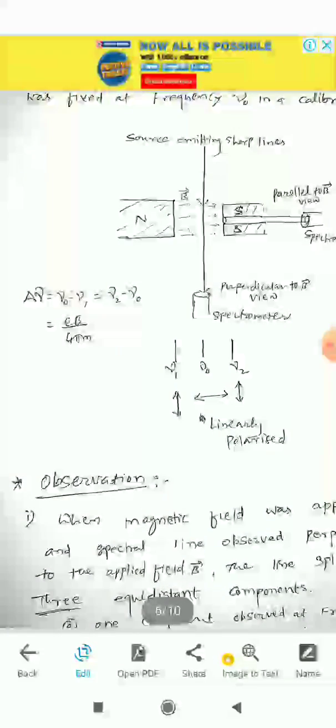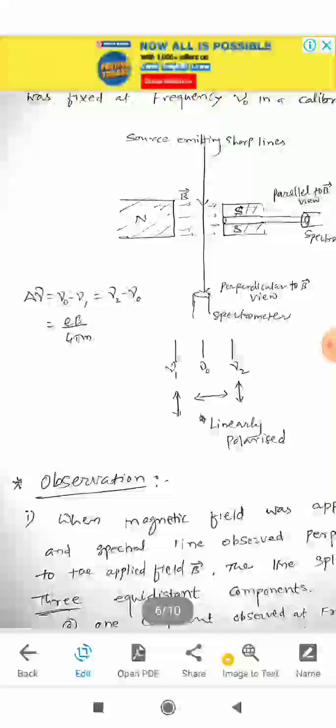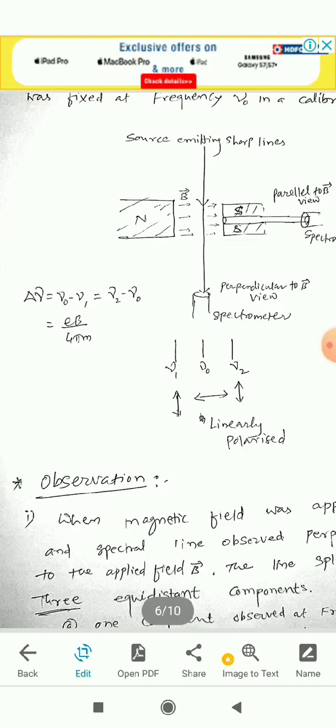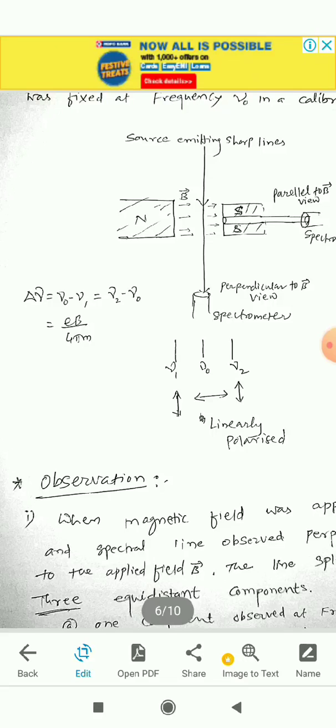And if you take the difference, that difference is nothing but the shift in the spectral lines, or Zeeman shift, also called delta nu, which equals nu naught minus nu 1, meaning the right hand side has more frequency than the left hand side.